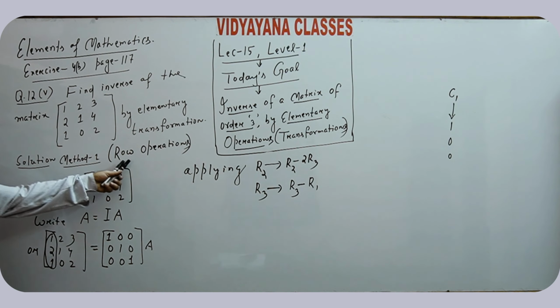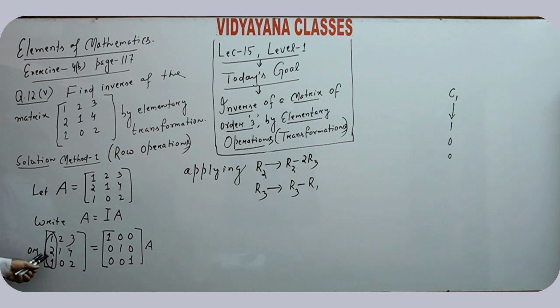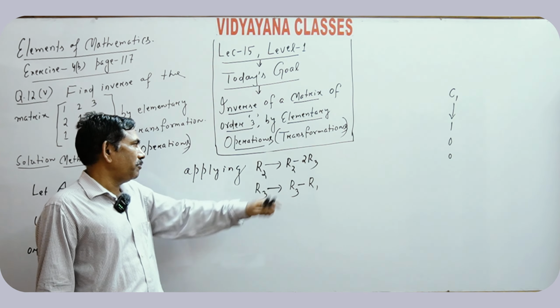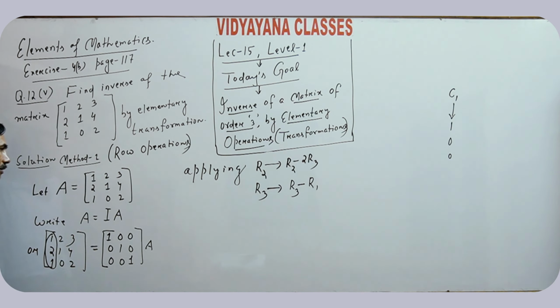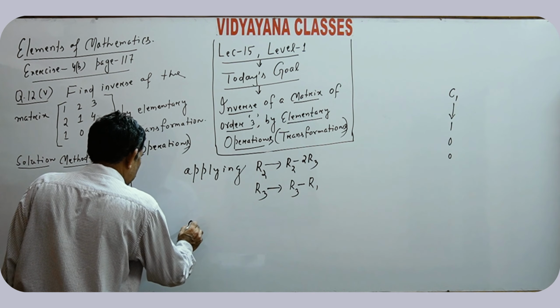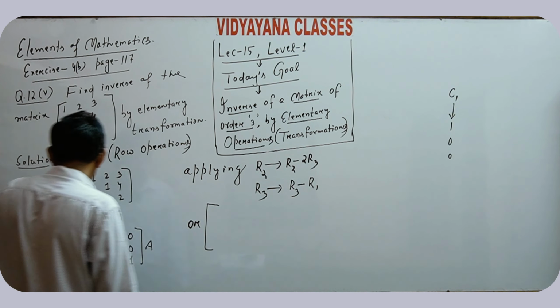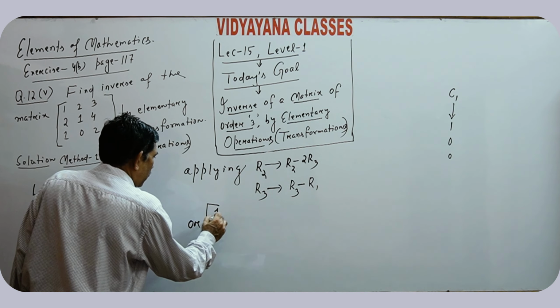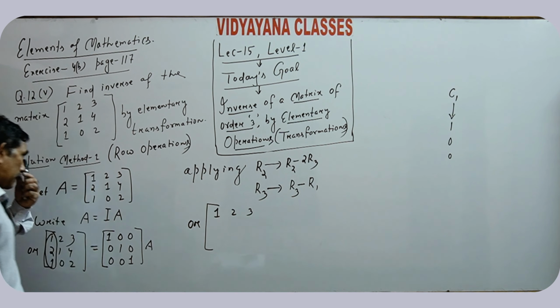In row operation, first we will change the elements of column 1 as 1, 0, 0. 2 minus 2 times of 1 is equal to 0. So we write R2 is replaced by R2 minus 2 times of R1 and R3 is replaced by R3 minus R1, which gives, there is no change of row 1: 1, 2 and 3.